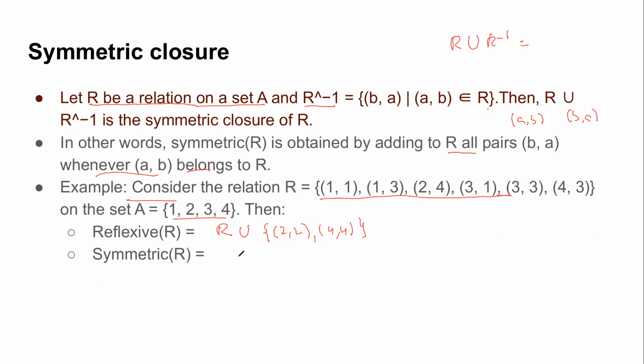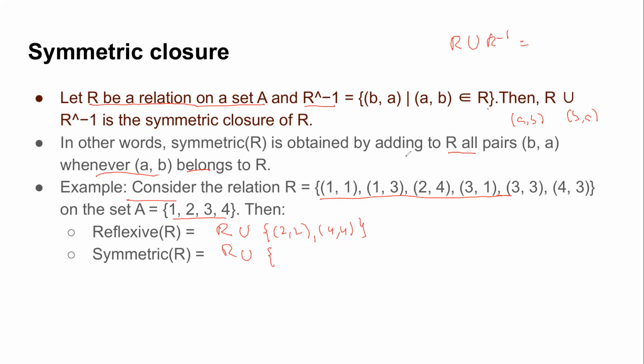Very good. Now what about symmetric closure? What all do I need to add? Remember, for all ordered pairs, you need to see whether their inverse is there or not. Whatever are the missing inverses, you will have to add. Yes, class.